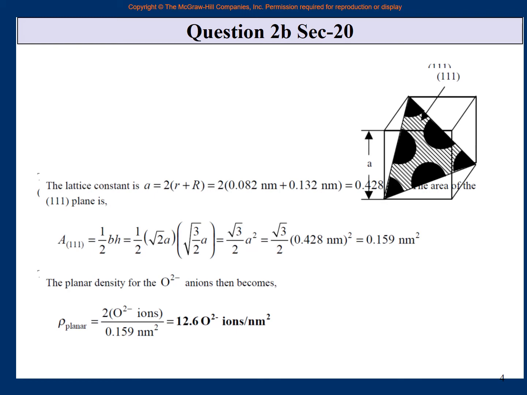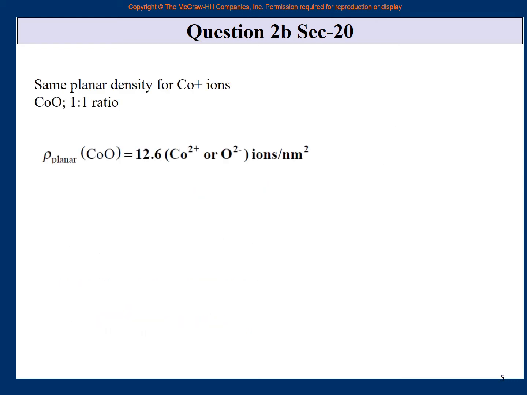Now this is for oxygen ions. Now we have to write the same answer for the cobalt ion. This is cobalt oxide, right? So either we do the calculation again, or we simply write that in cobalt oxide it is a 1:1 ratio, 1 cobalt to 1 oxygen, right? Therefore the planar density for cobalt ions will also be the same.